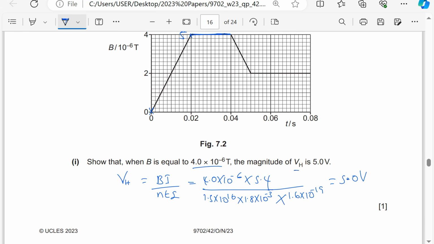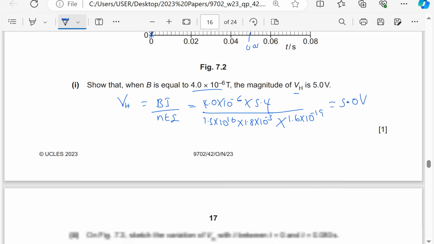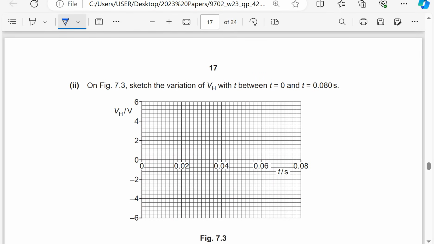Then at 0.05, B is halved. That means VH is also going to be half. So it will be 2.5. Then it becomes constant, as simple as that. So let's sketch.